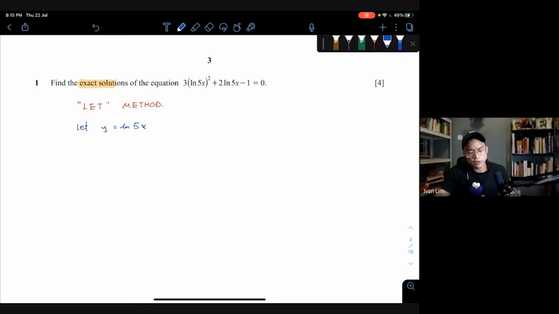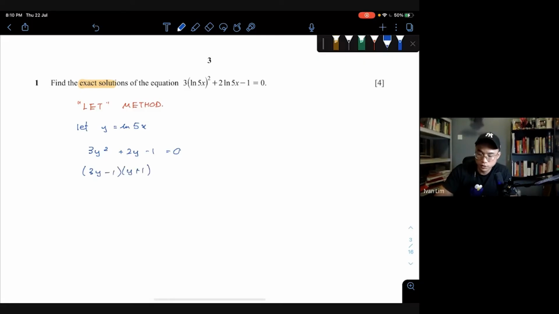Okay, if you're familiar with it, actually you don't have to do it also. But I still prefer to do it so that I keep the equation clear. It doesn't look so messy. Okay, so 3y squared plus 2y minus 1 equals 0. And then we factorize it to get 3y minus 1, y plus 1 equals 0.